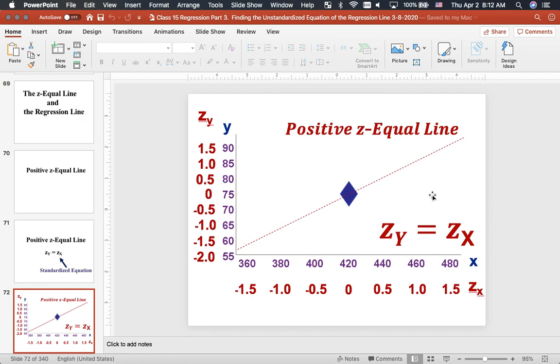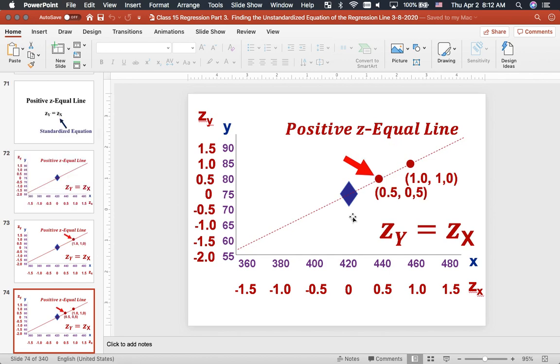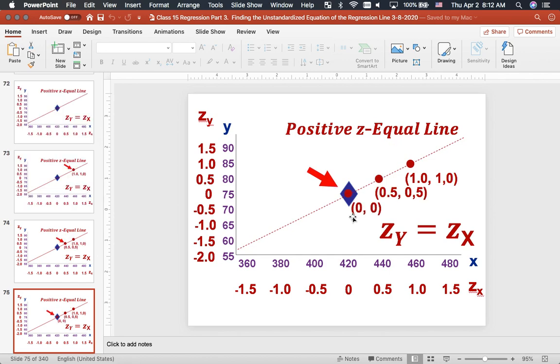So we can just plot it right here on a nice scatter plot. And you can see right here the positive z equals line. You can see that it also goes through the point of averages. And it also goes through 1, 1, 0.5, 0.5, 0, 0, negative 0.5, negative 0.5, negative 1, negative 1.